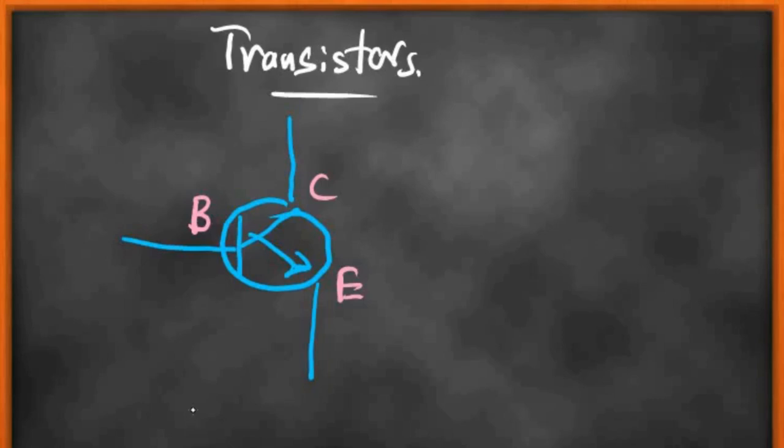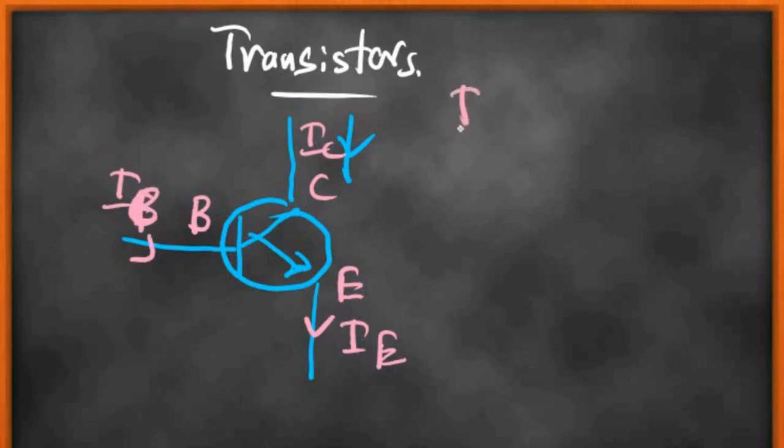Alright, these are the very basic theories you should know when it comes to transistors. The current through the transistor here we call IC, the current through this part is IE, and this is the IB current.